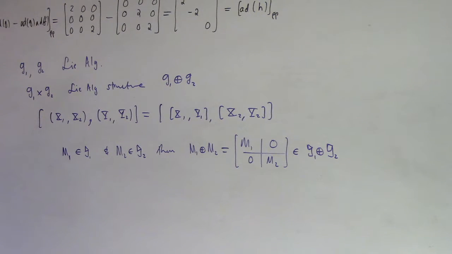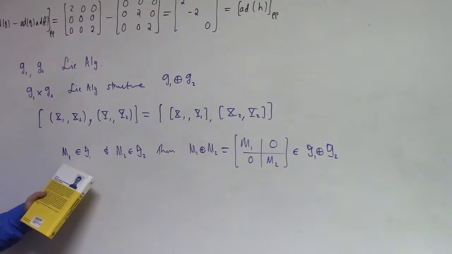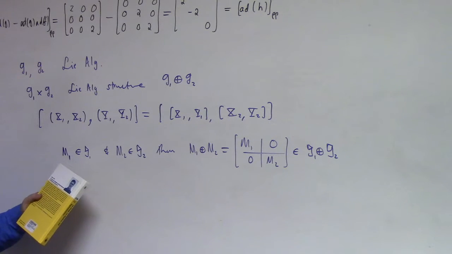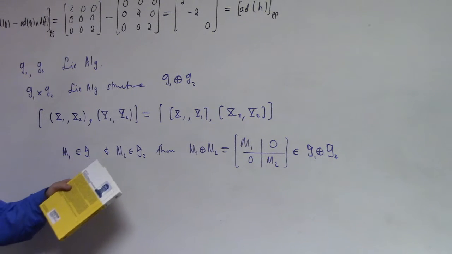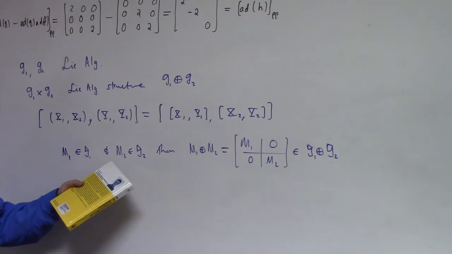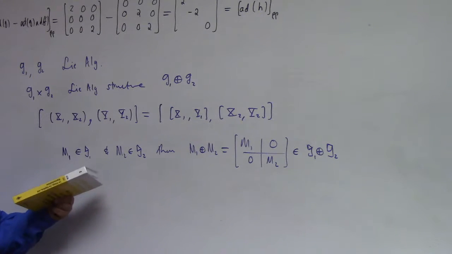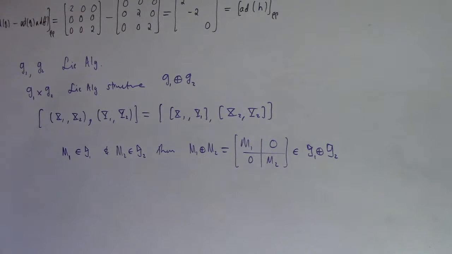For example, if M1 is a 3x3 matrix and M2 is a 4x4 matrix, then M1 direct sum M2 is naturally interpreted as a 3 plus 4, 7x7 matrix.